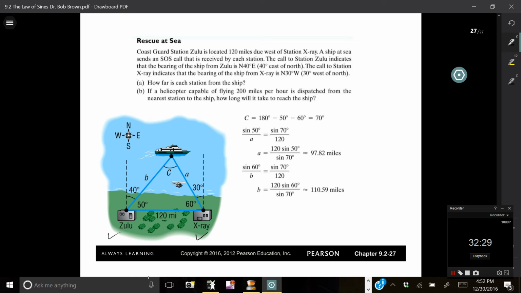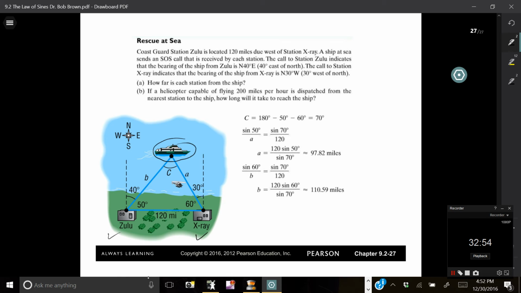And each one sights a ship that needs rescue. And they're trying to figure out which one is the closest to the ship.